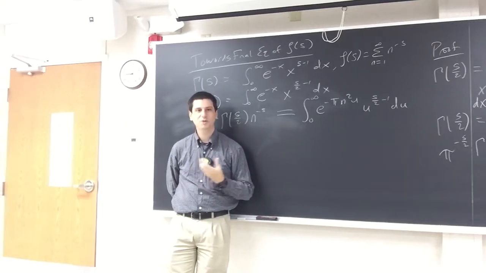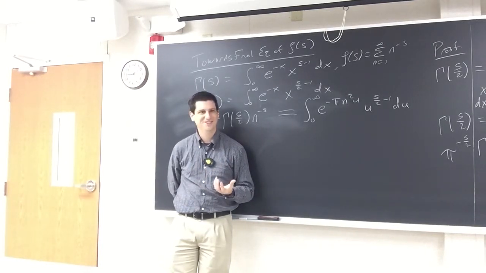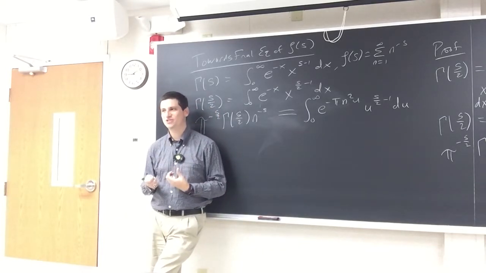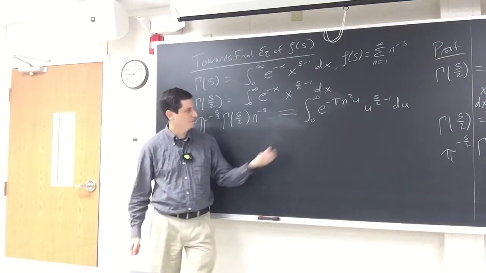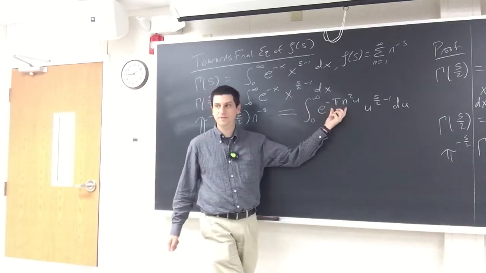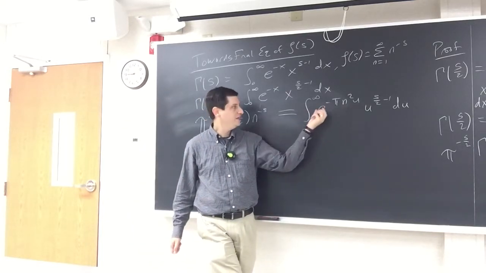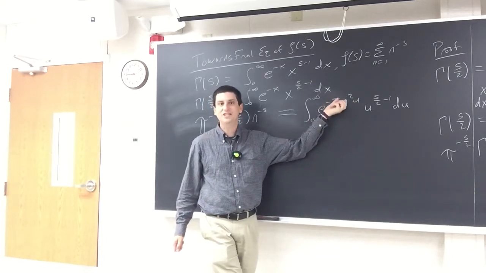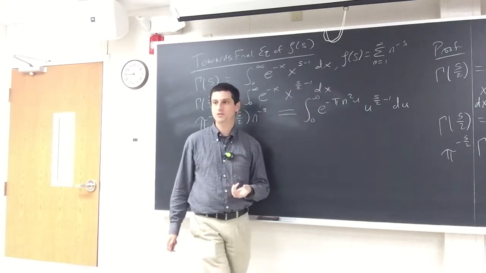If we couldn't, I probably wouldn't be doing this approach, right? So based on the fact that this is being done in a class, almost surely we can justify interchanging the integral and the sum. This has incredibly rapid decay. So e to the minus pi u already has exponential decay. As n gets larger and larger and larger, it's going to get smaller and smaller and smaller.